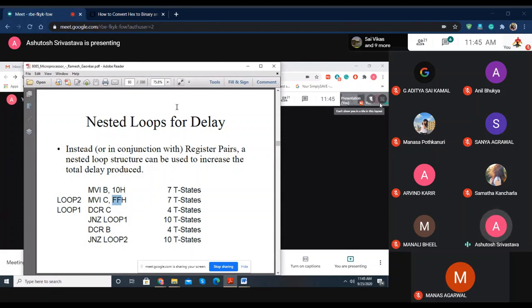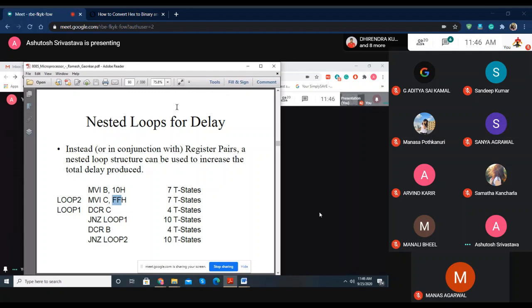How would you do it? You can use the concept of the nested loop. Yes or no?